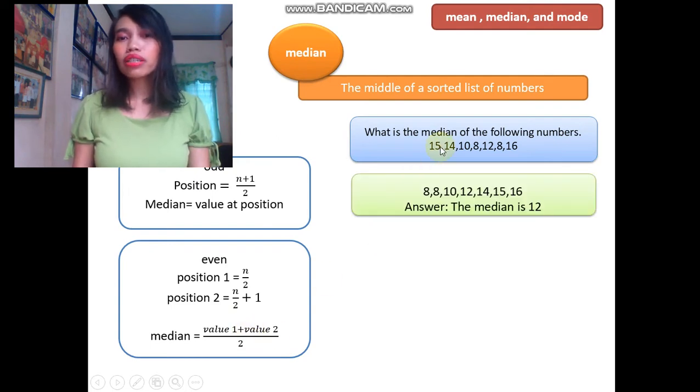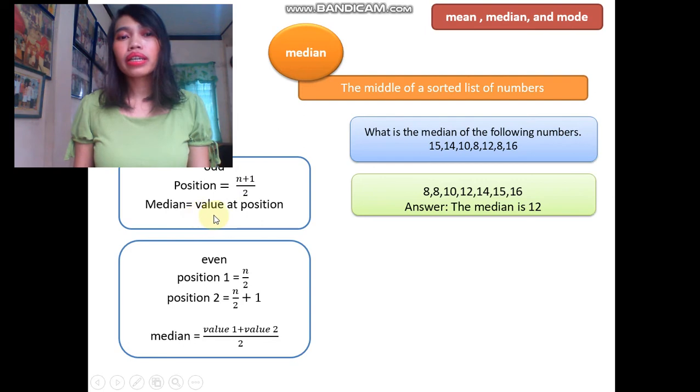So to solve this, do not forget to sort the data in ascending or descending order, preferably ascending. So you have 8, 8, 10, 12, 14, 15, 16. Since it's 2, 4, 6, 7, there are 7 values, that is odd. So the position is 7 plus 1, 8, divided by 2, that is 4.